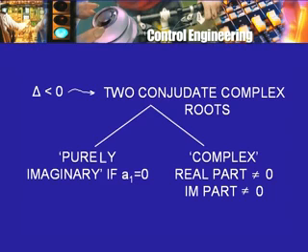However, in one special case, the roots may be purely imaginary. In the other case, the roots are complex and not purely imaginary. So even as simple a thing as a quadratic has this variety of situations associated with it, and we will see that this has important consequences in our study.